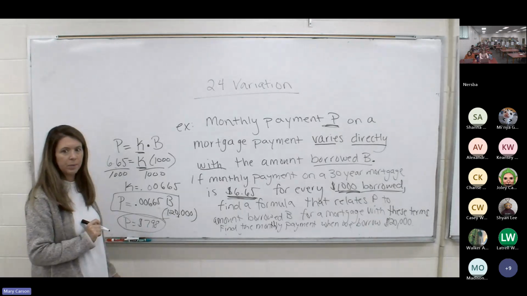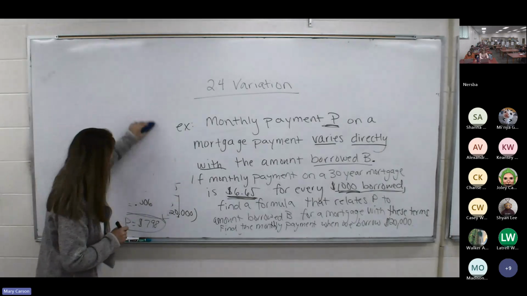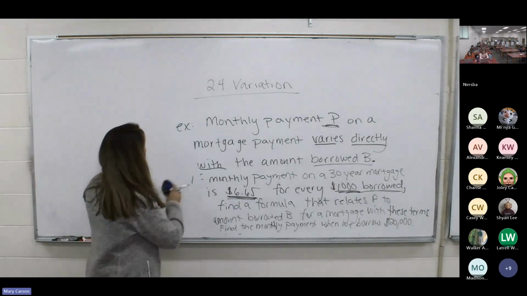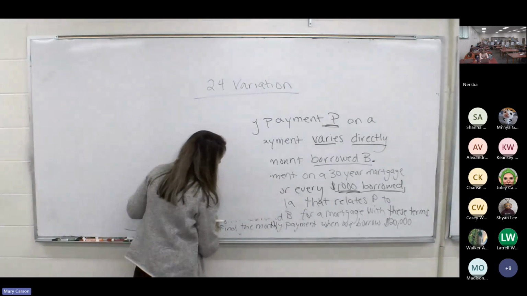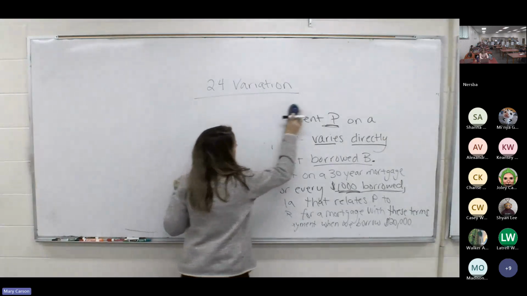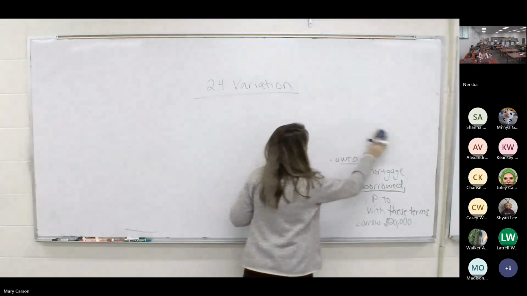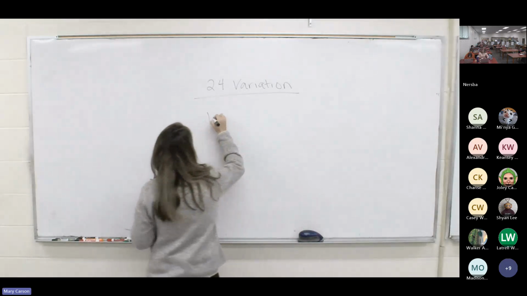So inverse, like I said, the definition is going to be very similar. Instead of multiplying by the variable, you're going to divide. So think of inverse, right? It's the opposite.